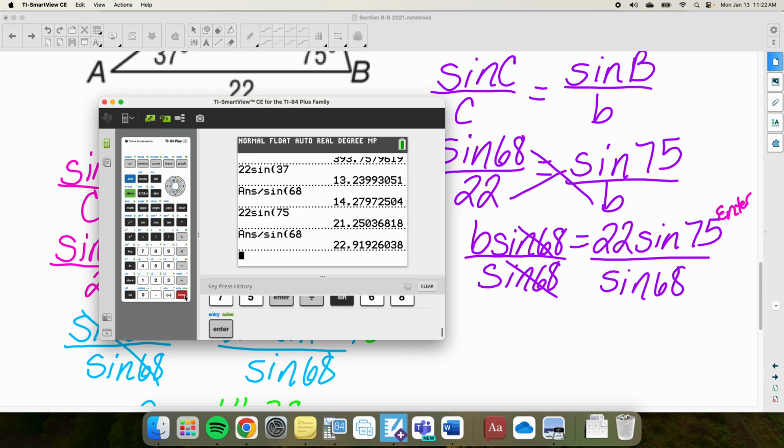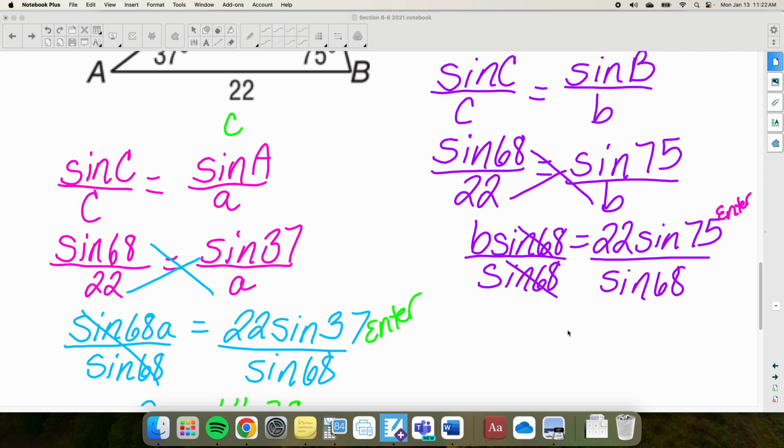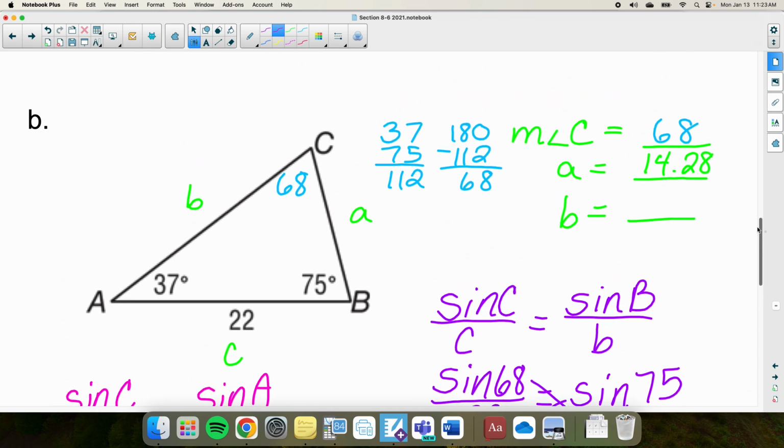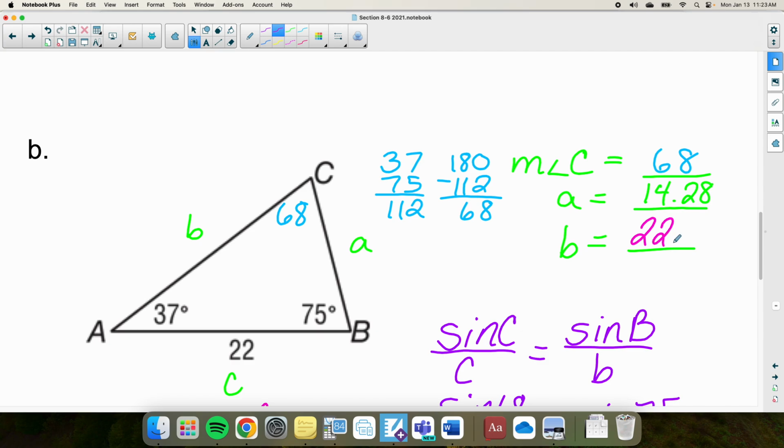It is 22.92. That is little b. And then we can go up here, 22.92. I can put that over here.